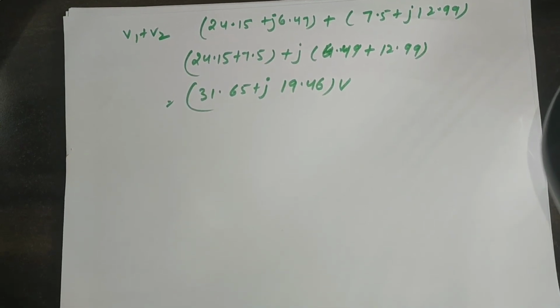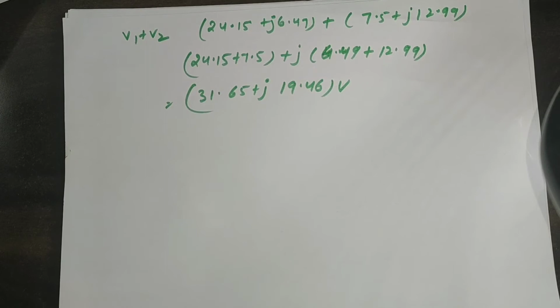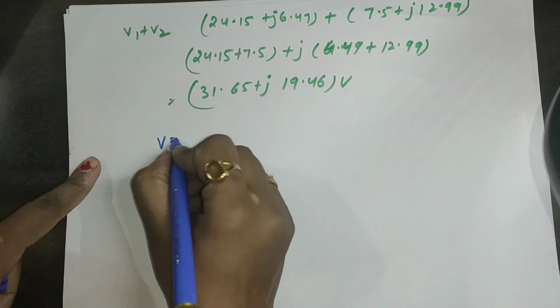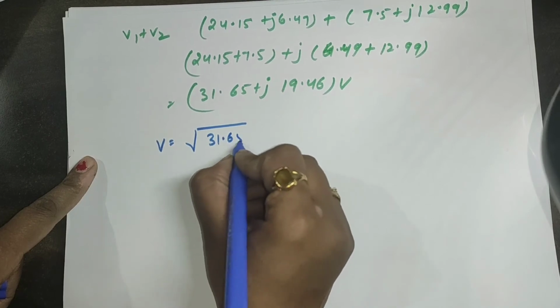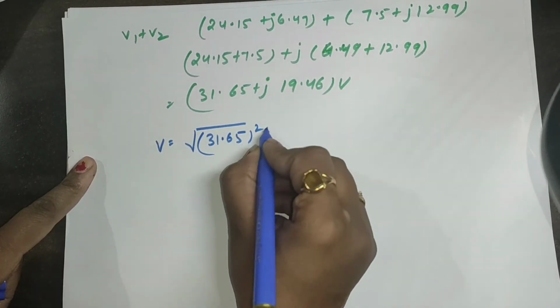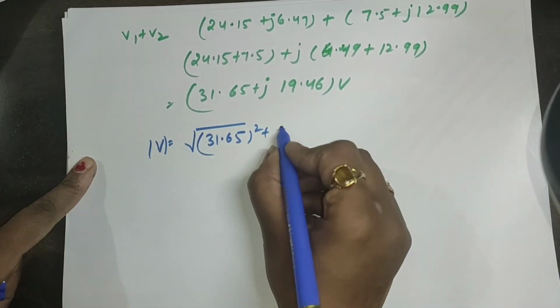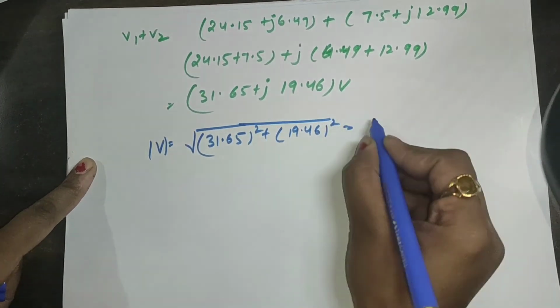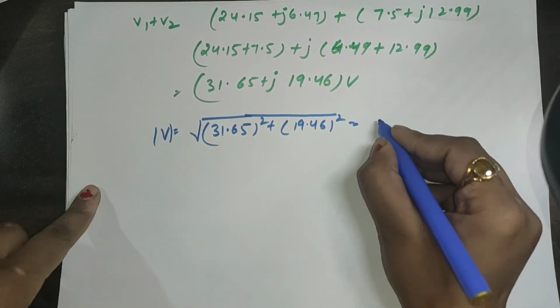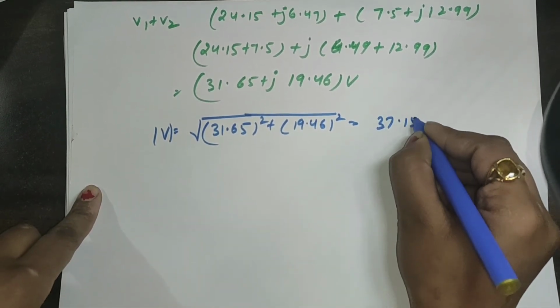If in the question you have to find the resultant value, then V equals under root 31.65 square plus 19.46 square. From the calculator you can get the value, that is 37.15 volt.